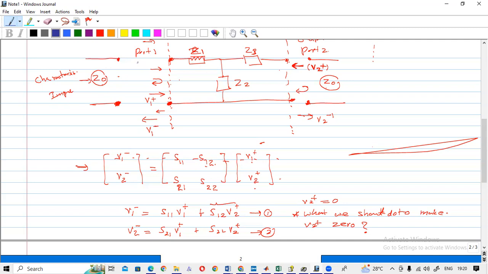Let's say you are giving a signal on this side. You can see that this signal goes this way, has some processing, and comes out from this end. It is the output.